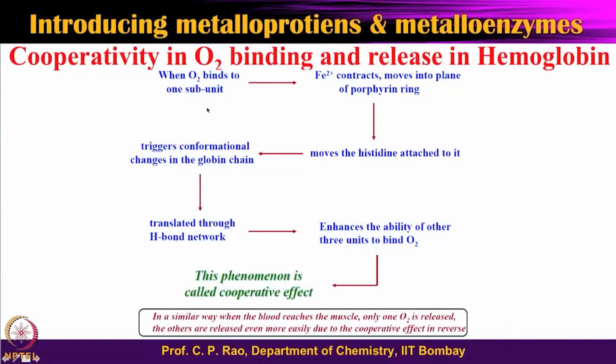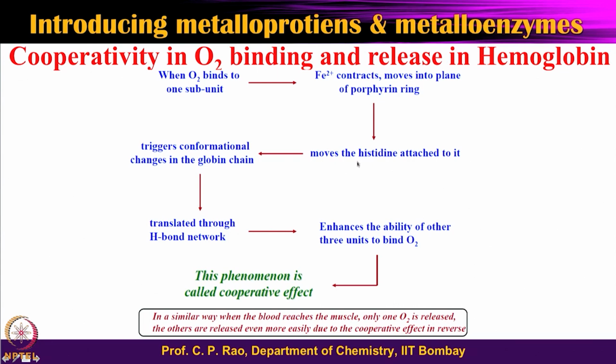First thing is, let us say you bring the oxygen and bind it to one of the subunits. That means, when O2 binds one of the subunits, what will happen? We have seen already the iron 2 plus goes from high spin to low spin, and then the iron 2 plus size contracts, and it goes more into the plane of the porphyrin ring. But then what will happen? There is a histidine attached to it.